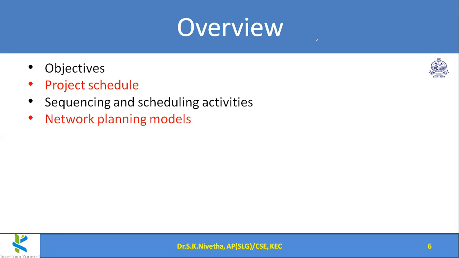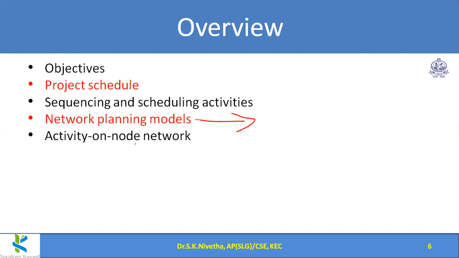Network planning models help to visualize the complete list of activities that are coming under a project. So that part is a main part under this chapter. Then activity on node network. Activity on node network will be created, and then forward pass and backward pass.